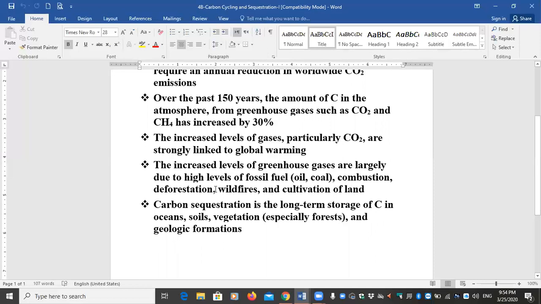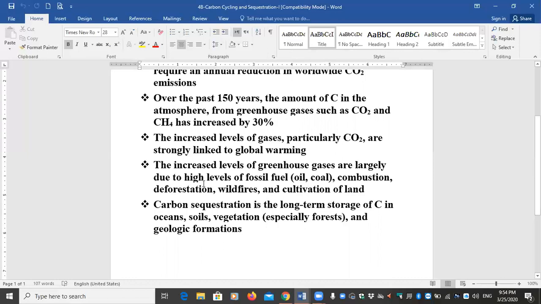Okay, combustion of fossil fuels: you have oil and coal that are taken from inside the earth. When you combust these, when they're burned, they produce these gases. Deforestation is the opposite of forestation. Forestation means when you plant the land to become forest.